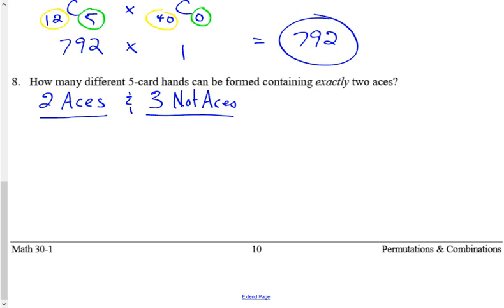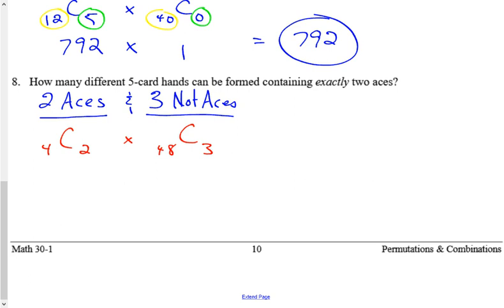So like the previous question, I'm going to separate the deck in my head into aces, and there are 4 aces, and I want 2 of them. And out of 52, if 4 of them are aces, that means 48 aren't aces. And to complete my 5-card hand, I need 3 more cards.